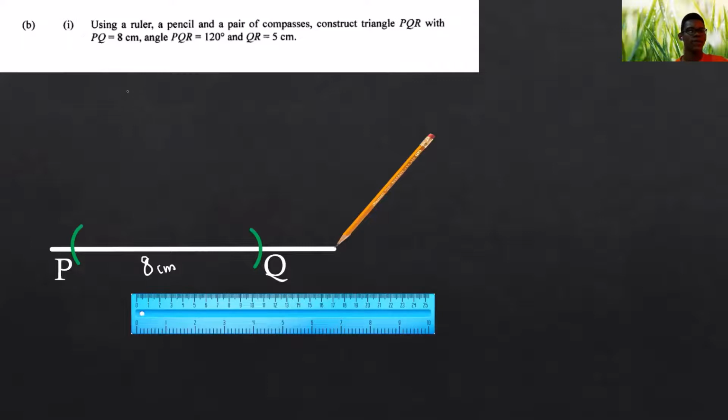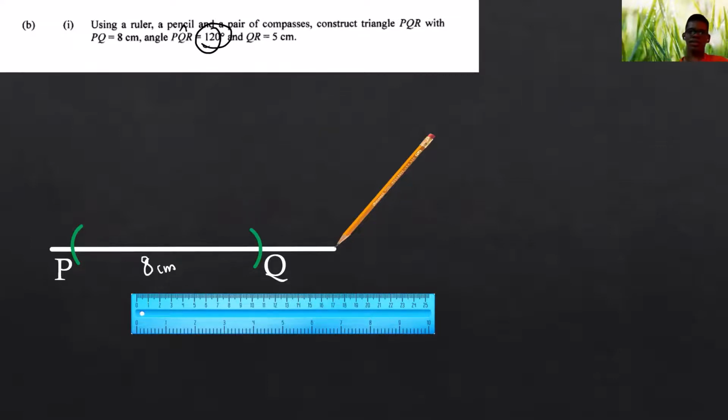All right, but the reason why I know the angle needs to be constructed at point Q is because Q is in the center, right? If you're talking about the angle PQR, then the angle is at the letter in the center. So whatever you see, the notation angle PQR, angle ABC or whatever it is, the letter in the center will always be the point at which that angle will be, right?